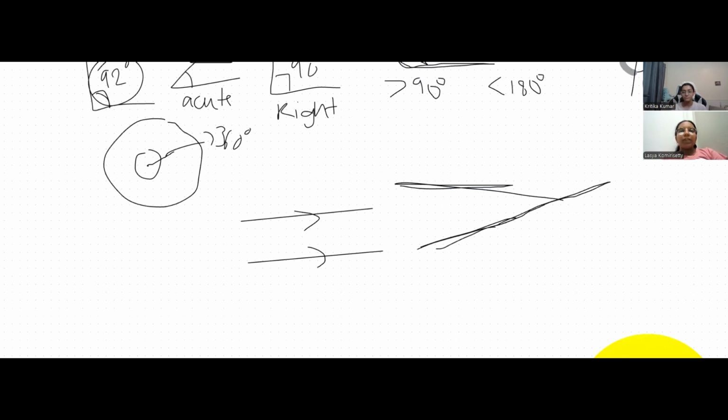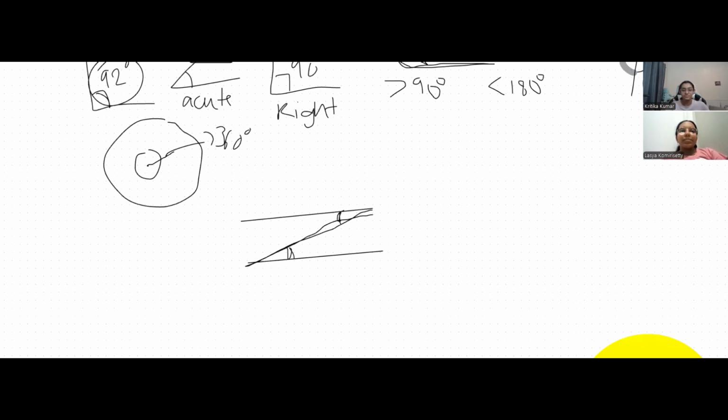When you have two parallel lines, like I have here, and another line connecting them like that, the angle here and the angle here are known to be the same.